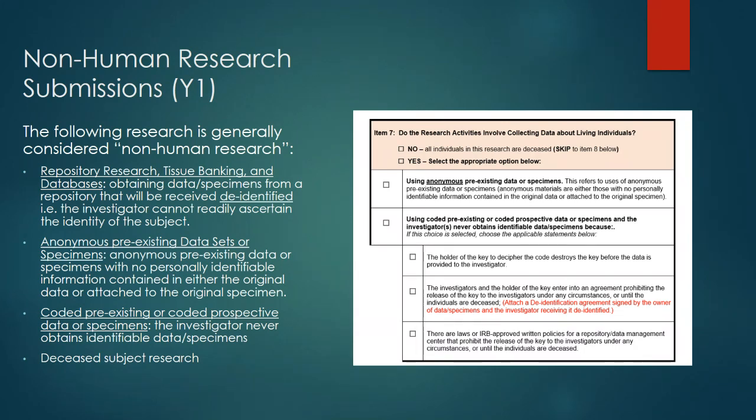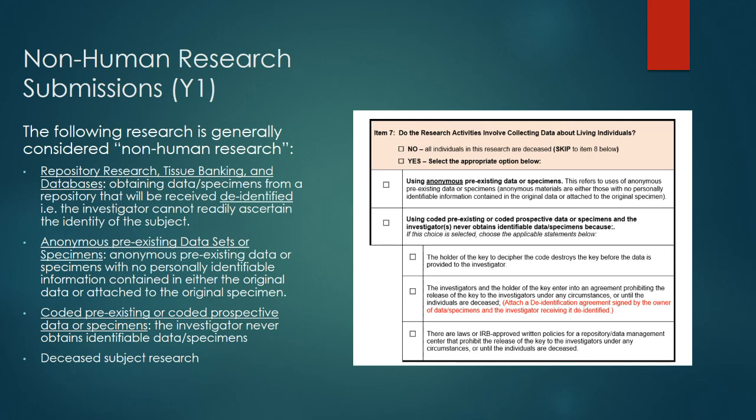And then if they're going to obtain coded pre-existing data, so if they have to reach out to someone to give them the data, and the entity will sign a de-identification agreement confirming that the investigator is not going to receive any identifiable data, that it's going to be purely de-identified, then this will also qualify as non-human.